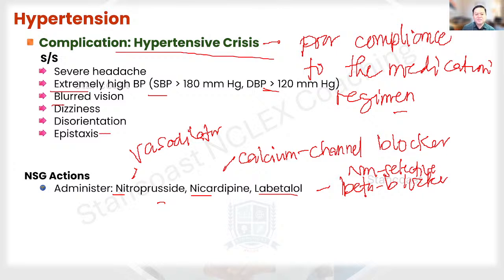And so what is the effect of nitroprusside? The action of nitroprusside really is going to what? It works as a prodrug. Nitroprusside acts as a prodrug, and it can react with so many proteins, including the red blood cells, and it will release nitric oxide.